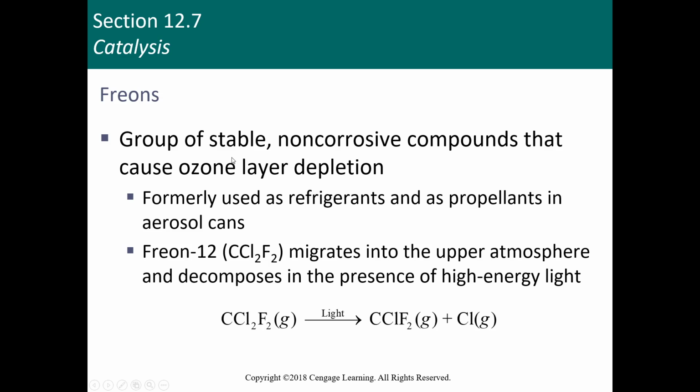And so these freons, which were formerly used as refrigerants and as repellents in aerosol cans, actually started causing ozone layer depletion. And if we had broken down and destroyed the ozone layer completely, and we passed what's called the Montreal Accords, is what started this road to recovery, which we have essentially recovered at this moment.